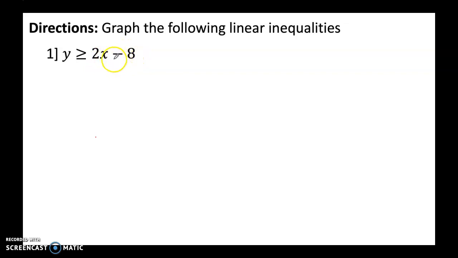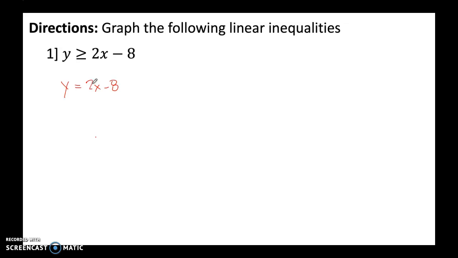Our step 1 is to write the inequality as a linear equation. Therefore, we switch greater than or equal to an equal sign. So we have y equals 2x minus 8. To graph linear equations, we have three ways: first, by table of values; second, by intercept method; and third, by slope-intercept method.